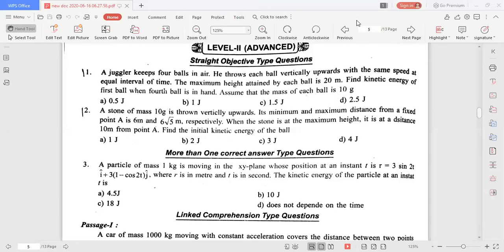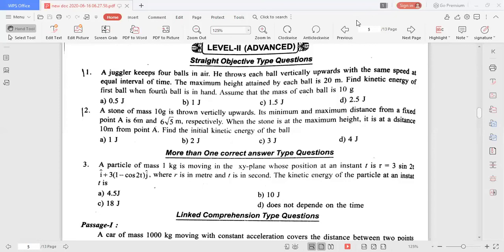The position vector of the particle is r bar equal to 3 sin 2t i cap plus 3 times (1 minus cos 2t) j cap. All are given in SI units. The kinetic energy of the particle at the instant t is asked. What is the kinetic energy of the particle at the instant t?